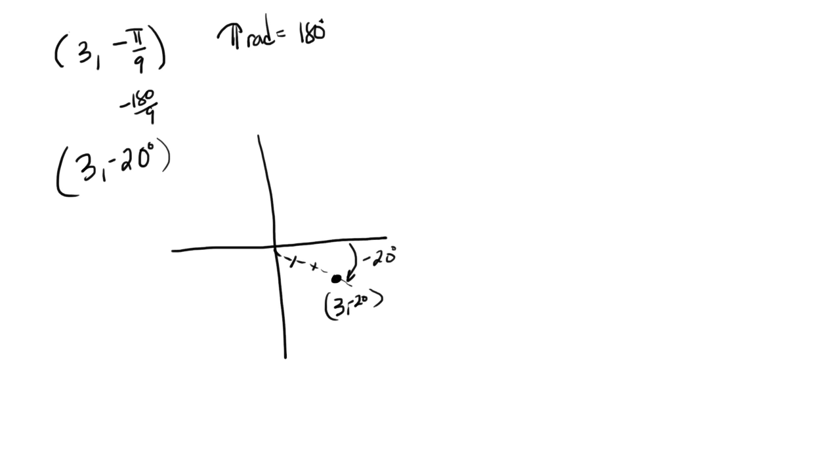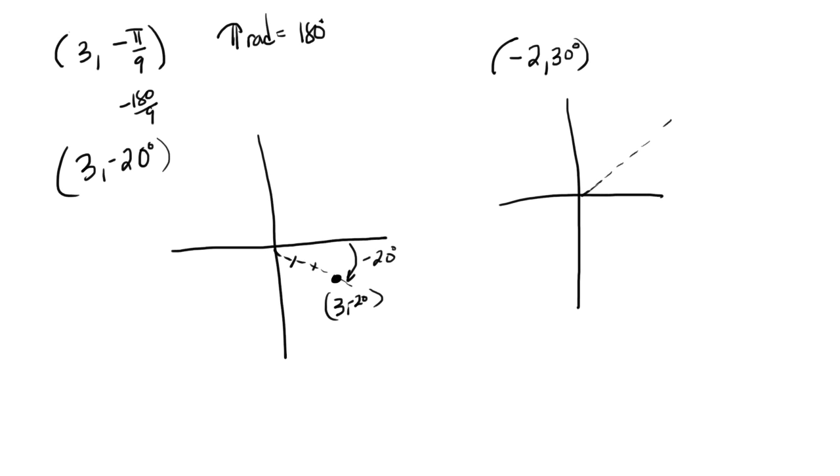We can also do negative distance. The r value could be negative. For example, if I say (negative 2, 30), just an easy one, let's think about this. I need my angle, so 30 degrees is something like this.